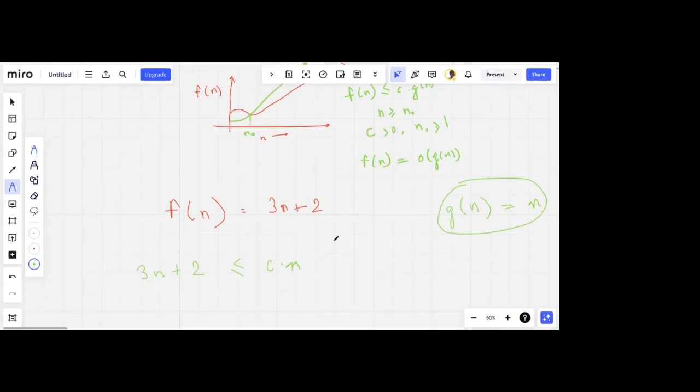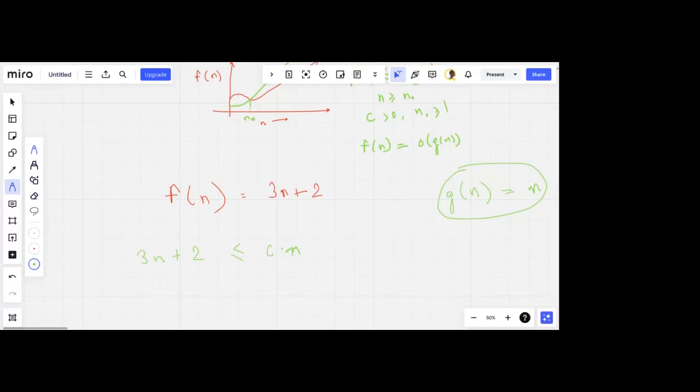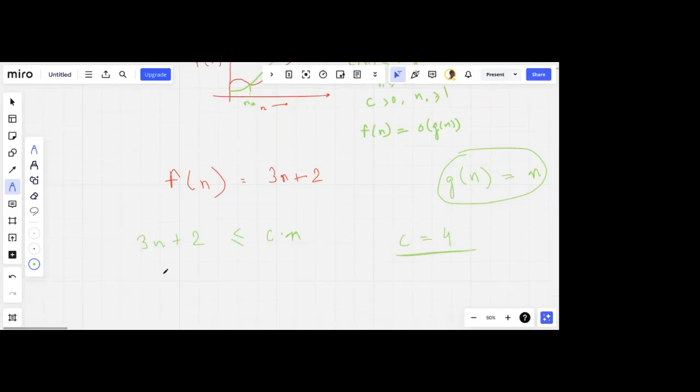Can you prove this, guys? Now just see this. If I take c equal to 4, can you say that 3n plus 2 is less than or equal to 4n?